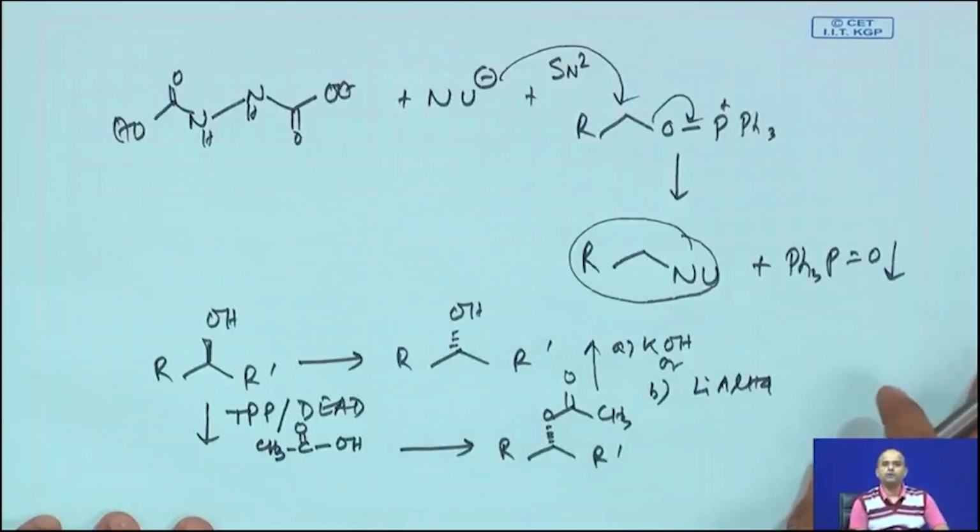So, this is absolutely simple and you can basically complete the stereo inversion process based on this. Next, we will try to do a problem which is exactly based on this.